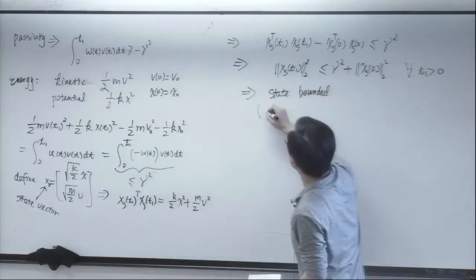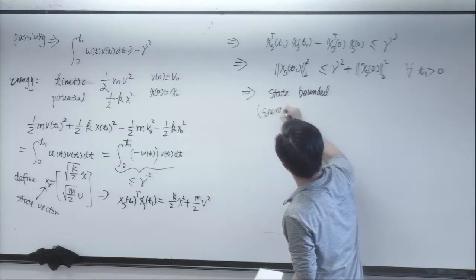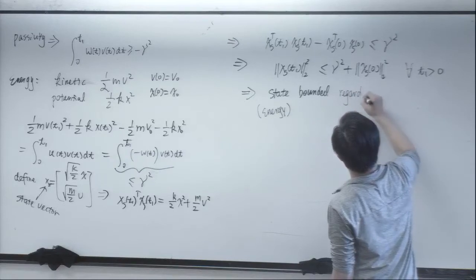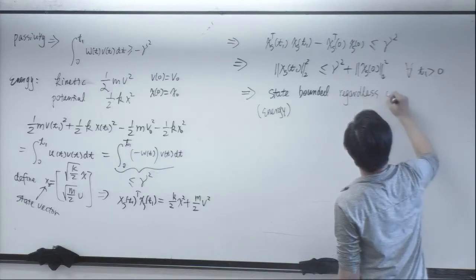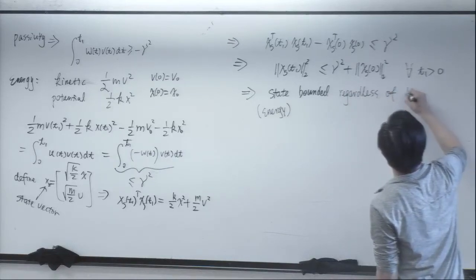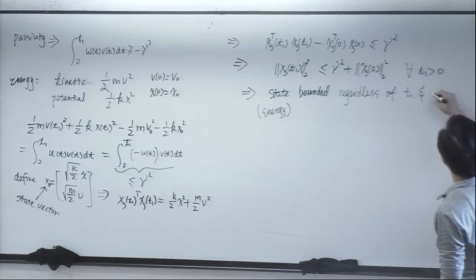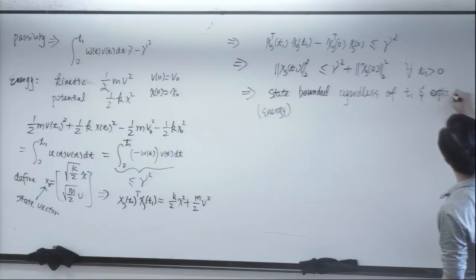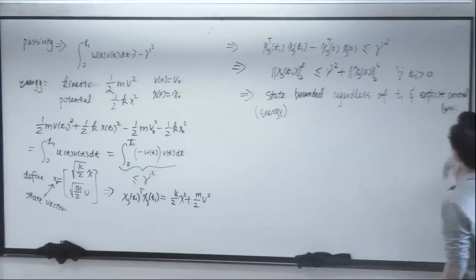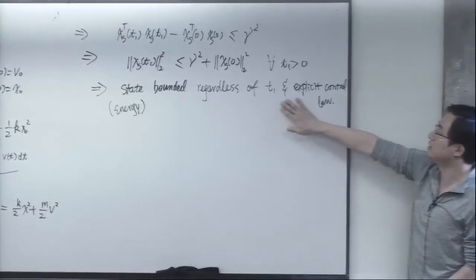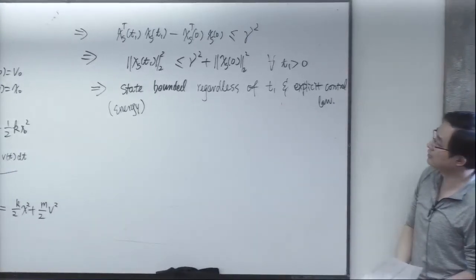And actually the energy is also always bounded, regardless of T1 and the explicit control law. All we need is the control satisfies the Popov inequality and is a passive nonlinear block.